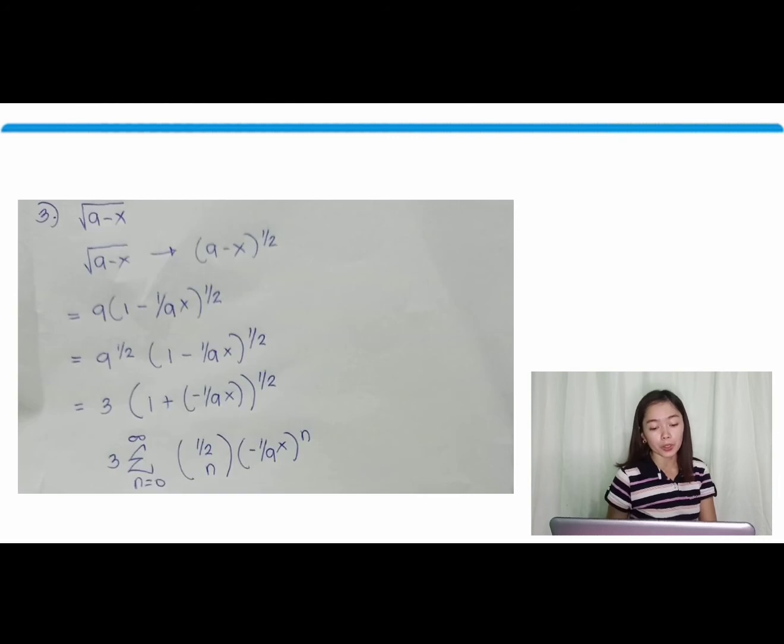Now, for this example, write down the first 4 terms in the binomial series for the square root of 9 - x. So, in this case, our k is equal to 1/2. And as I said in the previous example, we have to make sure that it is in the proper form to use the binomial series.